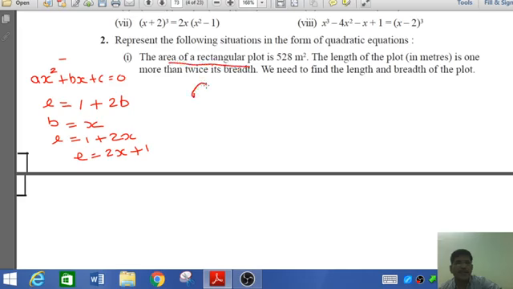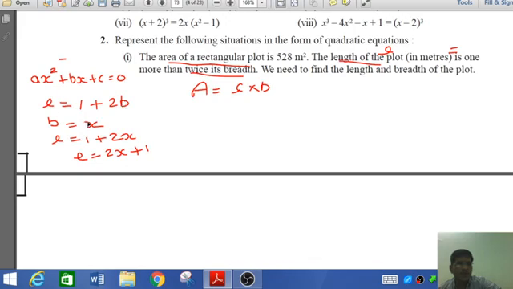Again I explain here the area of a rectangle. The area of rectangle formula is L multiplied by B. Here the relation is given: L is equal to 1 plus 2B.